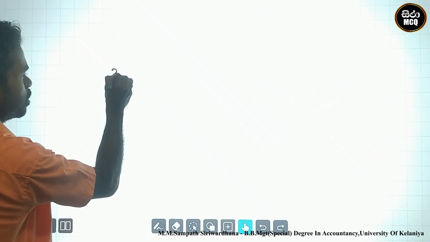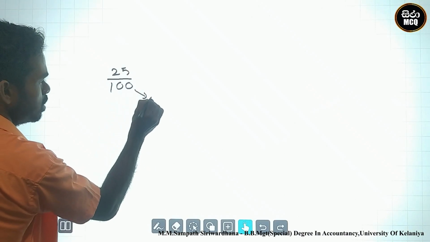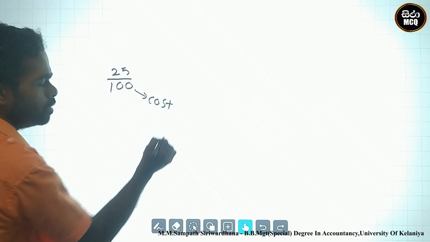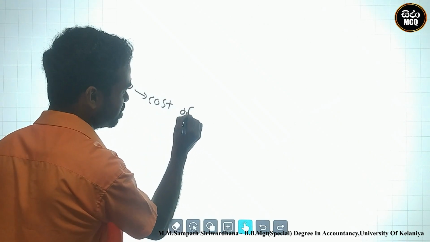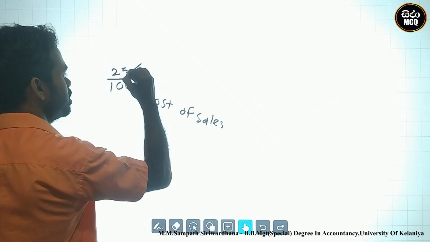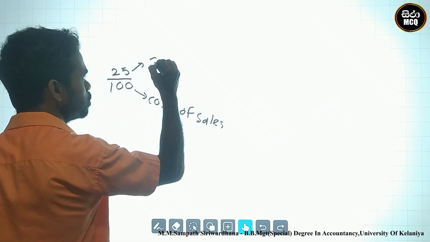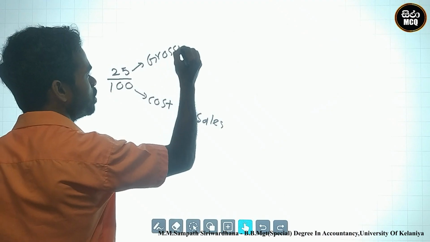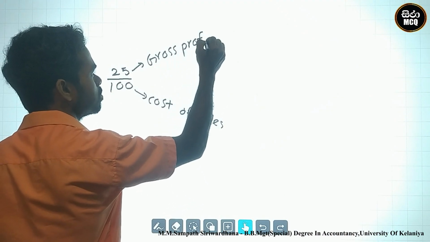On cost means cost of sales. Cost of sales is 100. 25 is gross profit. This is the percentage meaning.